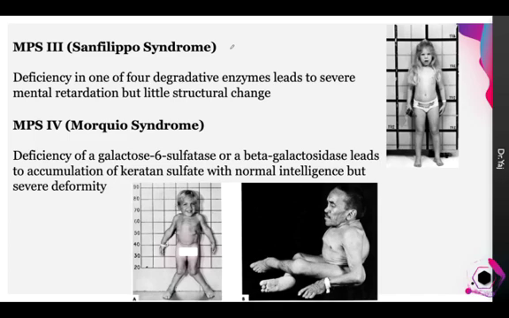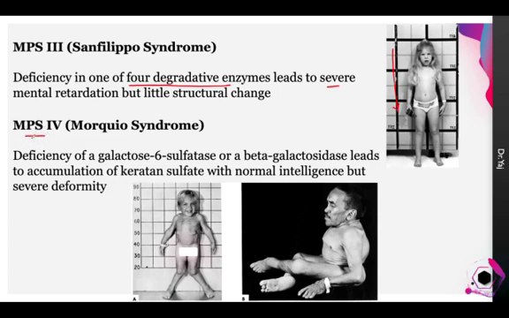Then we have Sanfilippo syndrome. We talked about this because of the deficiency of one of the four degradative enzymes in glycosaminoglycan metabolism, of which three are hydrolases and one is an N-acetyl transferase. In this case, there is severe mental retardation, but as you can see here in the patient, there is no phenotypic change that is observed.